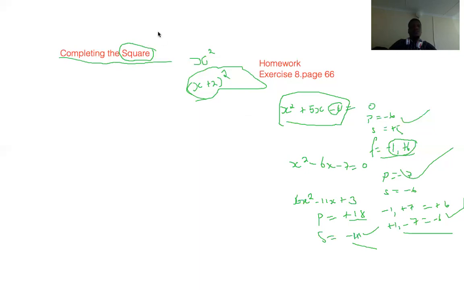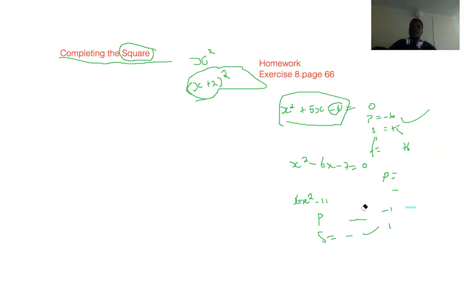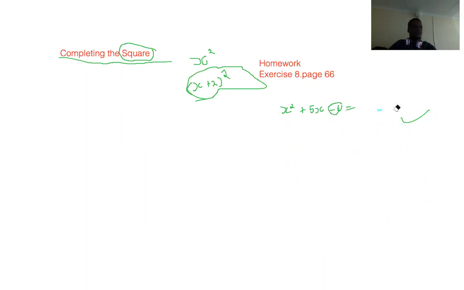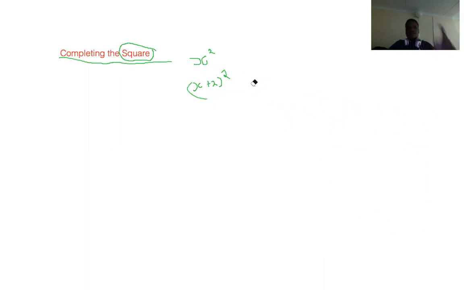Okay, so let me erase this stuff. This method is a difficult method to understand, and usually, in most cases, I don't encourage students to use it. I would rather you use the next method that we do, which we call the quadratic formula.